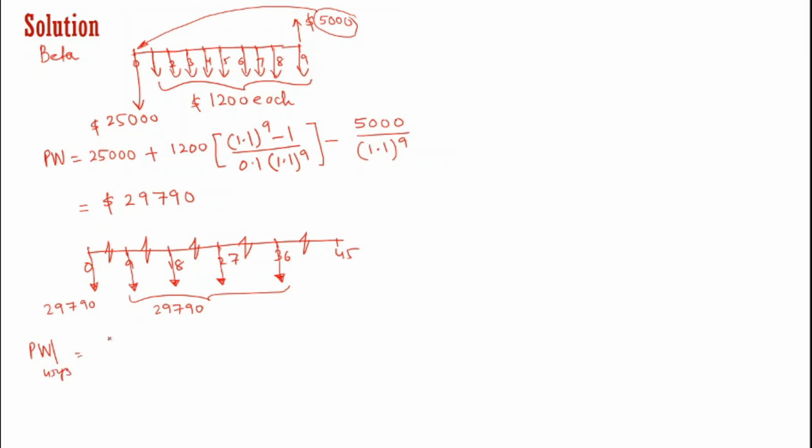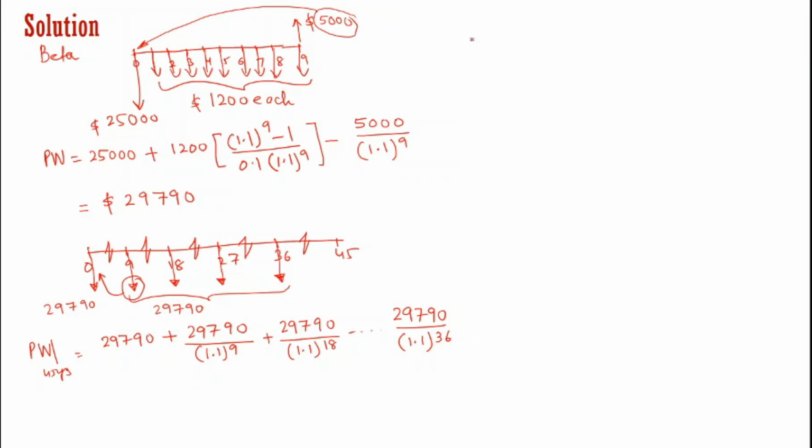So if I write, it will be 29790 plus 29790, treating this to be the future worth and converting it at the present point of time using the relationship F equal to P(1 plus i)^n. So it will be 1.1 to the power 9. So another term, 29790 over 1.1 to the power 18, and the last term will be 29790 upon 1.1 to the power 36.